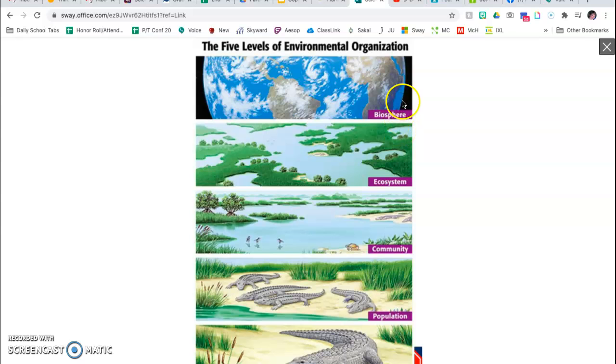And then you can see we have the largest of the organization, which is the biosphere, which is basically Earth. So all of your examples at the top will have biosphere, of course, but you're going to come up with your own individual, population, community, and ecosystem.